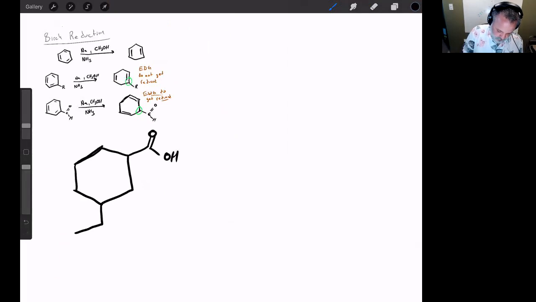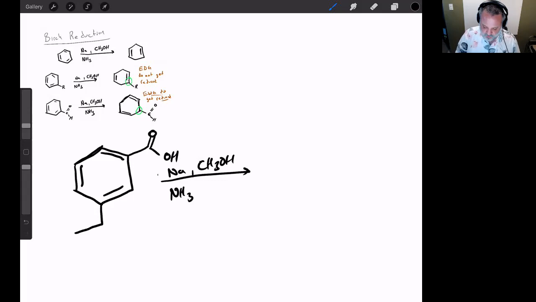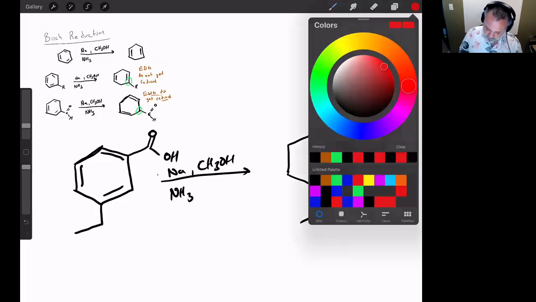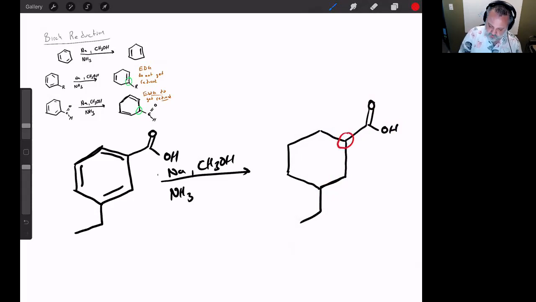So let's take a look at how this works. Okay, so there's going to be a product, and the product will have three different considerations to make. The first consideration is that this carbon gets reduced.